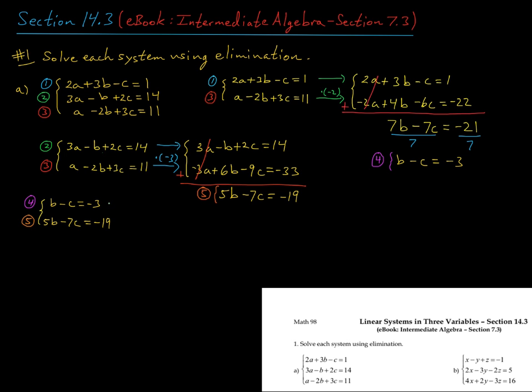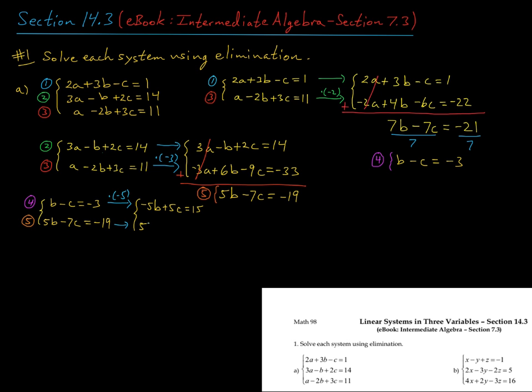All right, so to solve this system here, let's go ahead and eliminate say b. Okay, so I'm going to multiply equation 4 by negative 5. I'm going to leave equation 5 alone. So this will give us minus 5b and then plus 5c, and then on the right I have 15.